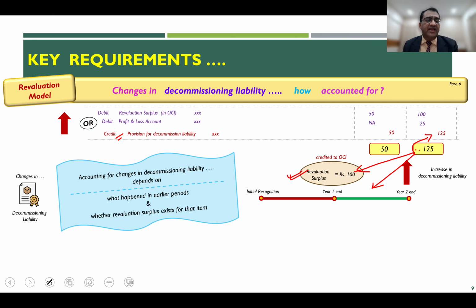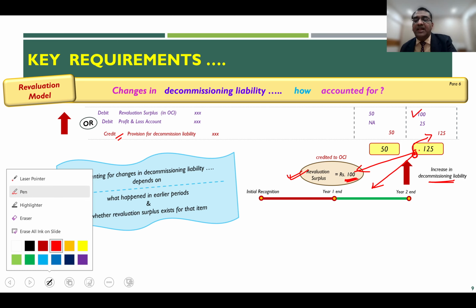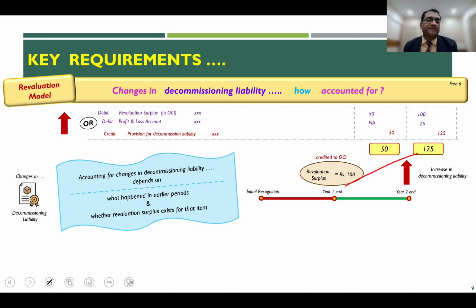What are you doing? This 125 rupees of loss, effectively the revaluation in the decommissioning liability, out of 125, 100 rupees, which is already there in the revaluation surplus, you will knock off the revaluation surplus and make it 0, and the residual balance 25 rupees will be debited to the profit and loss account.